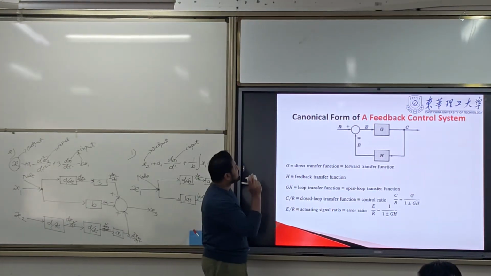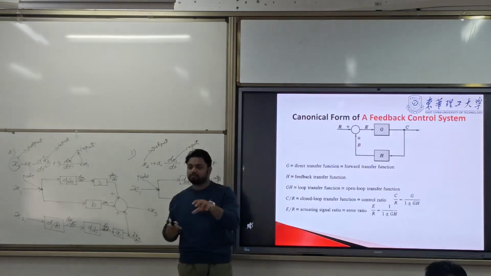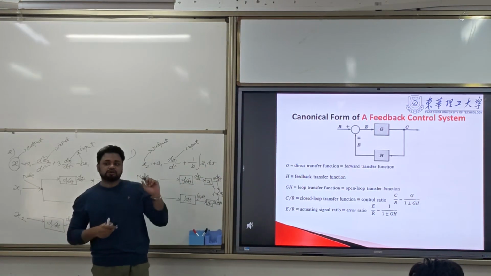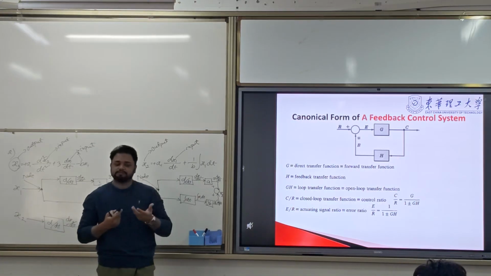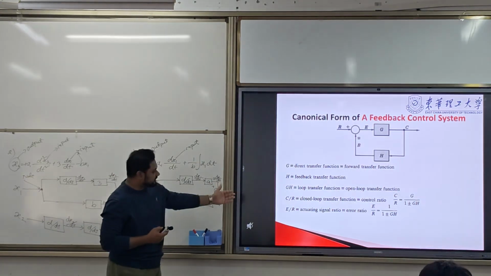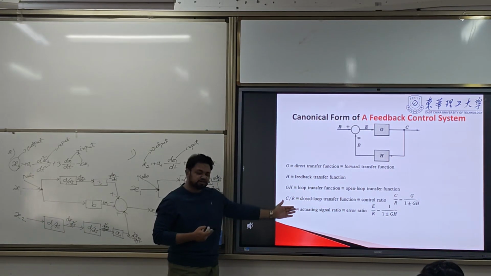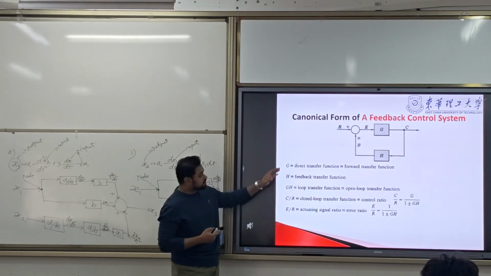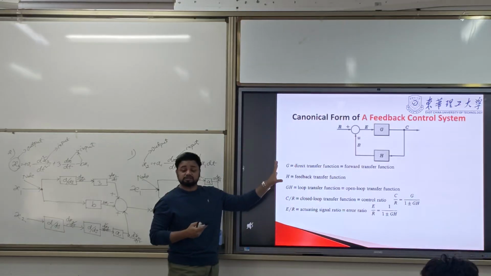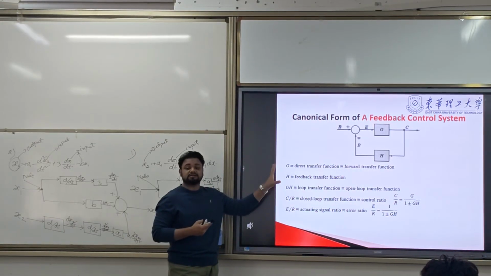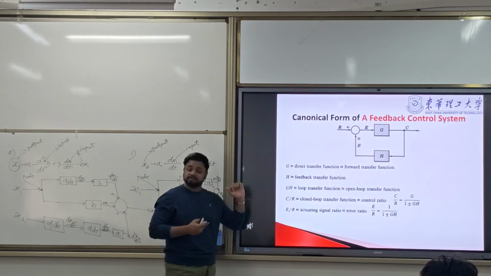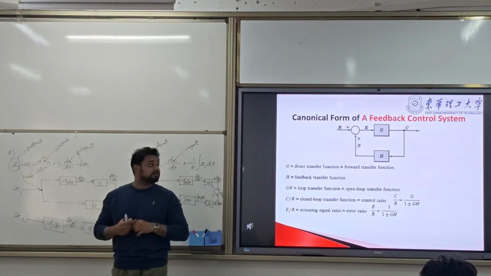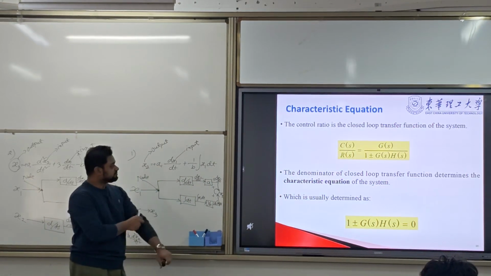That's why it is called canonical form. Canonical means standard form. After that we can find the closed loop transfer function, then the steady state error, everything. But first of all, we need to reduce the control system by the block diagram reduction technique. So we must learn the block diagram reduction technique now.